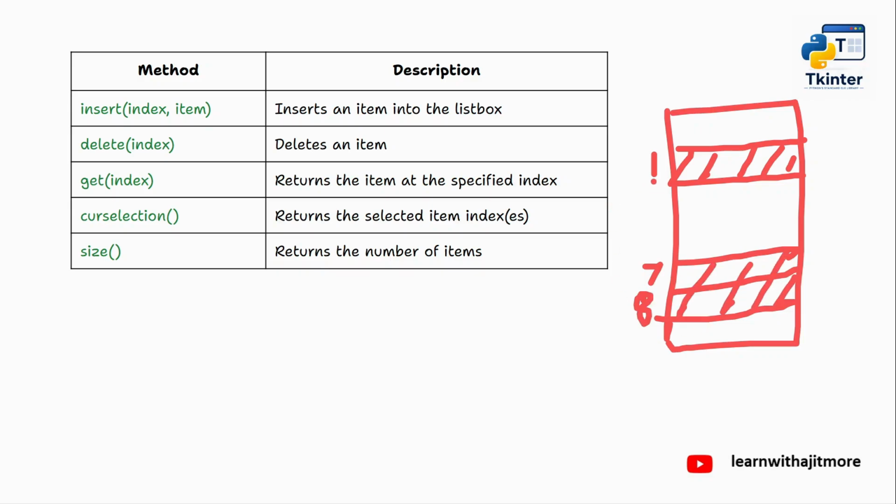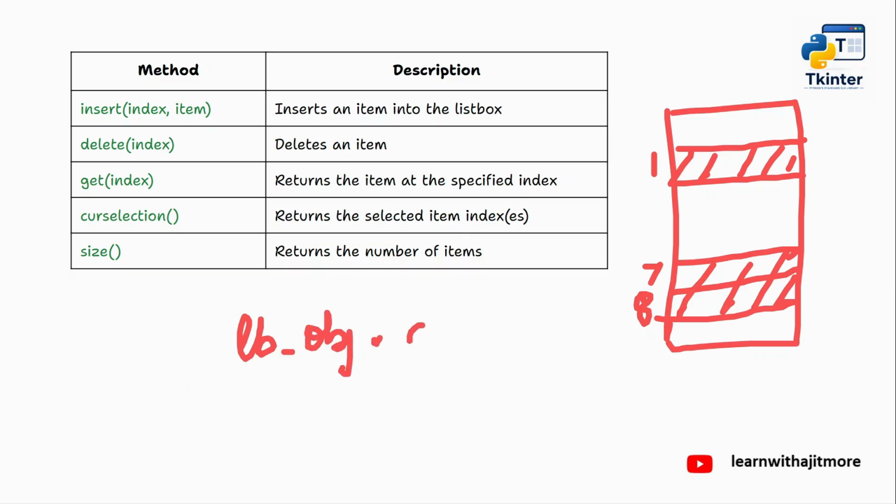Correct? Then you want to know which items are selected, their positions. You can use cur selection, but it returns a tuple containing the positions of the items which are selected.